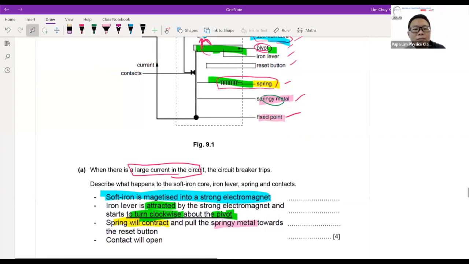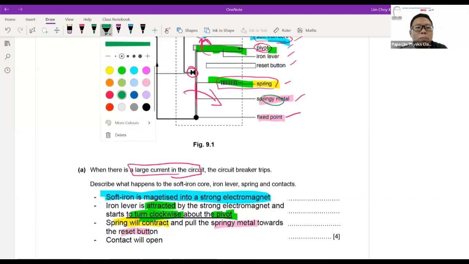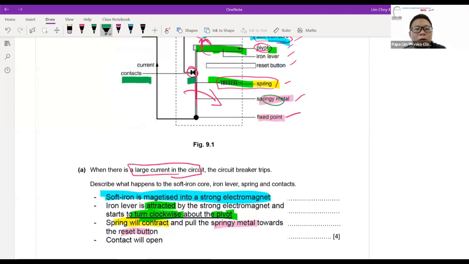And when this particular rod moves to the right, or clockwise, you'll find that this contact point is now open. This contact point is my breaking point. Once the springy metal moves clockwise, the contact will be open.